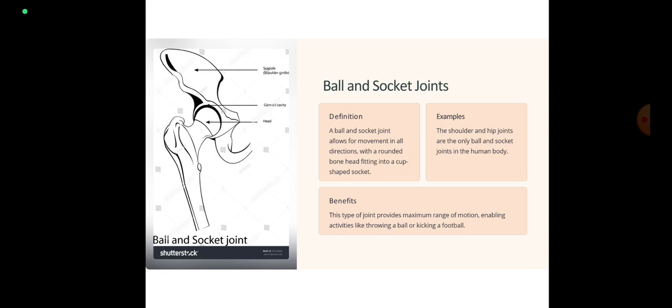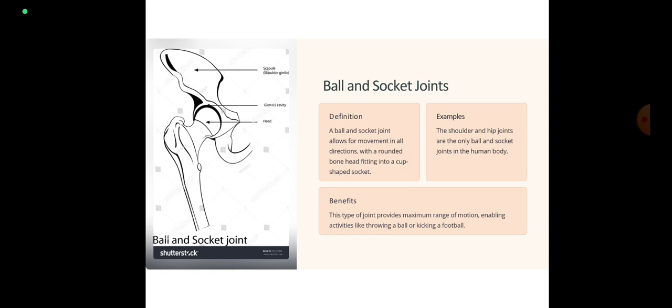It consists of a bone with a ball-shaped head that attaches to the cup-shaped cavity of another bone. This type of joint allows for a wider range of motion than any other kind. It permits movement in all planes and rotational movement around a central axis.